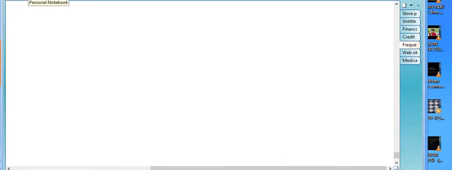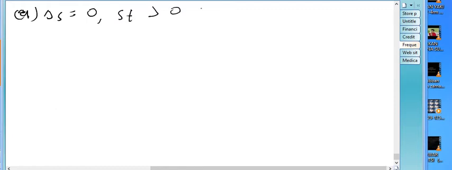Now, A. From the table given, the entropy change is 0, the entropy transfer is greater than 0, and the entropy generated is greater than 0 according to the condition given.